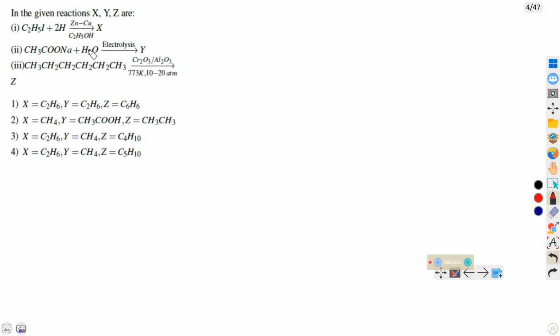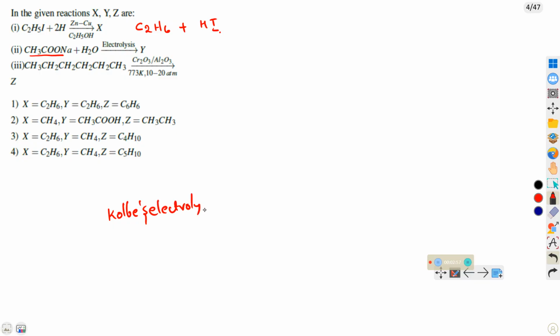Identify X, Y, Z in the reaction. Alkyl iodide undergoes reduction, then it gives C2H6 plus HI. Ethane it gives. This is Kolbe electrolysis. In Kolbe electrolysis, what is the condition?